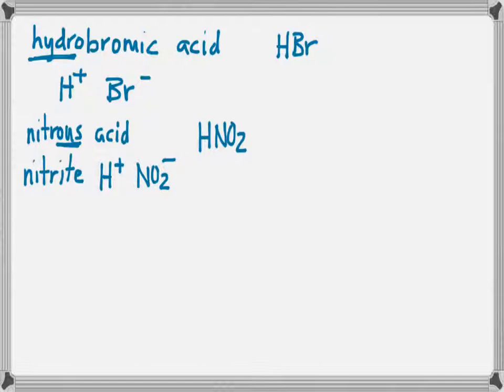Let's do another one. How about silver oxide? Silver oxide. Well, what kind of an element is silver? It's a metal, right? So this is ionic. So we need ion formulas.